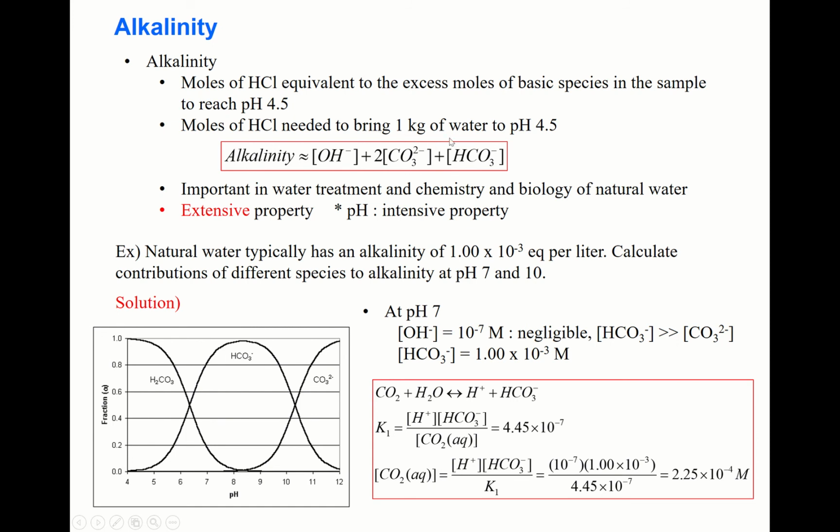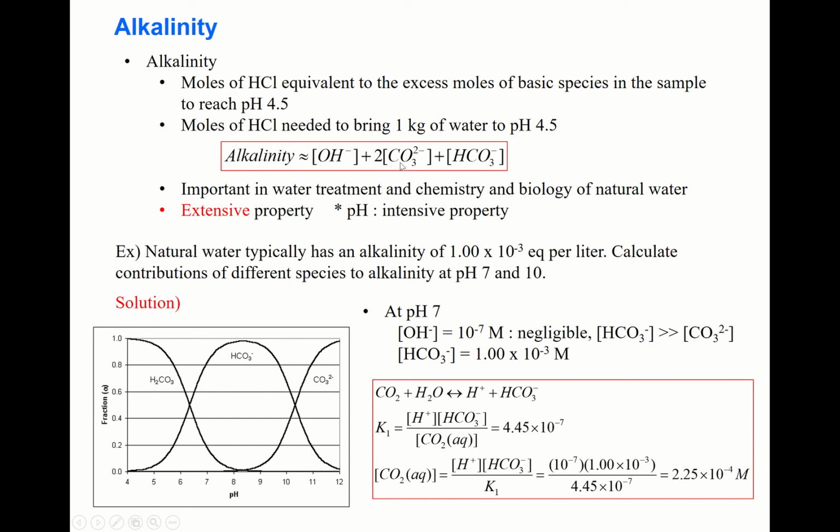You take 1 kilogram of water, which is 1 liter approximately. So alkalinity is this one. You take the sum of hydroxide ion concentration. Why? The hydroxide ion and HCl proton react 1 to 1. And you add the carbonate ion, but you have to multiply by 2. Why? Because this carbonate ion takes 2 protons.